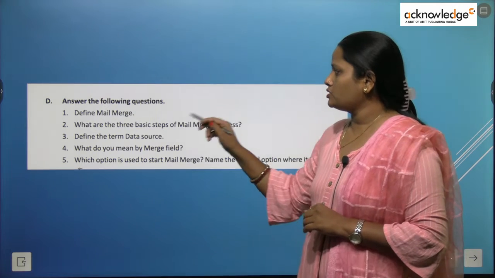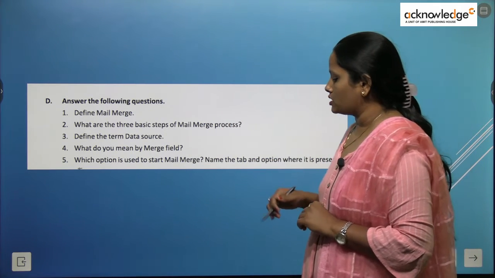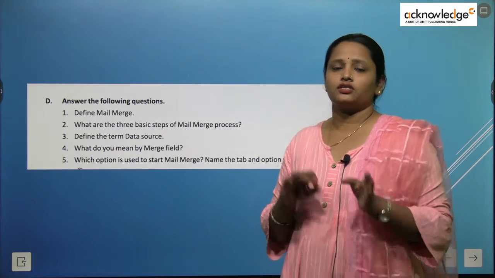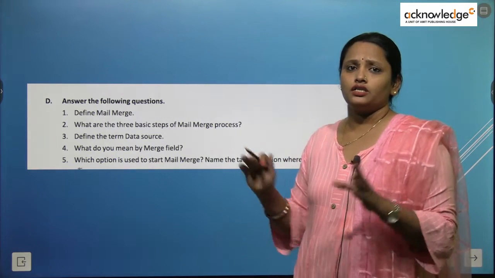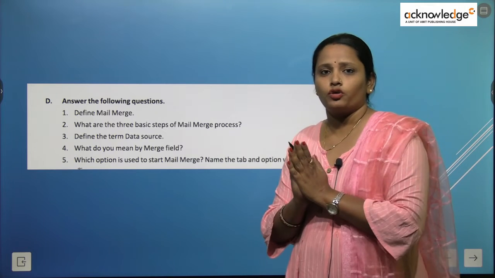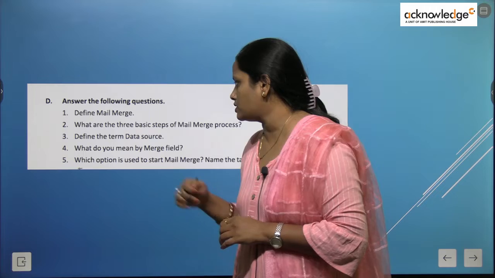Next, what are the three basic steps of the mail merge process? First is creating the data source, second is creating the main document, and the third one is merging these two, data source and the main document, with each other. So these are the three basic steps.